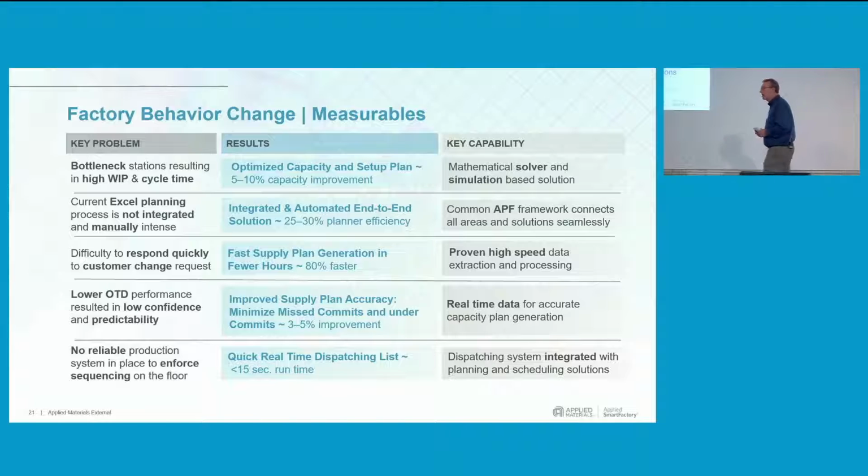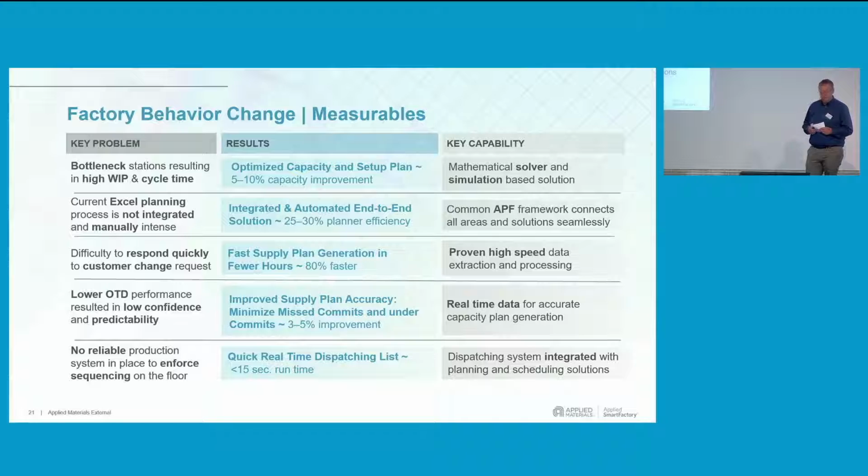It took their planners about another day to get that 6-week forecast, and through the optimization capability, it's taking them about 2 hours to evaluate all the different options and arrive at the best plan that they can implement.